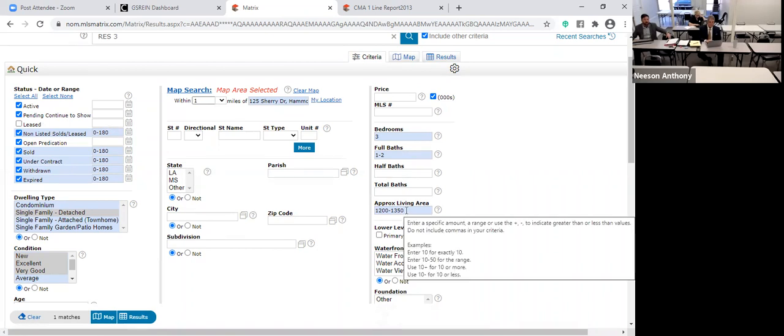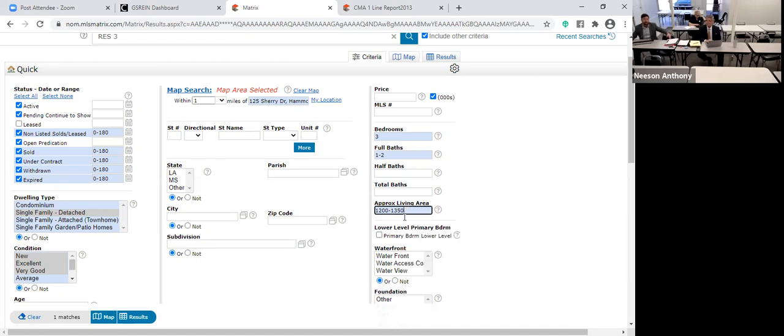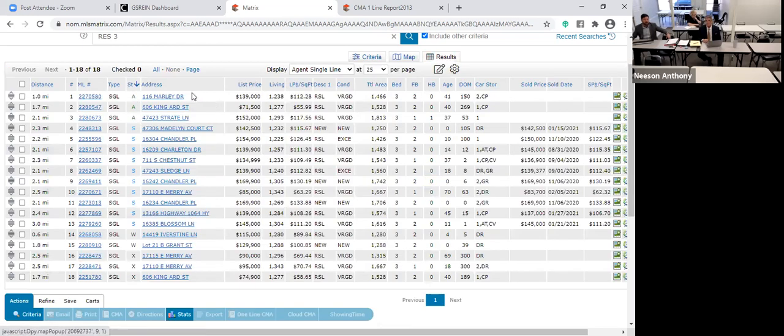So if I wanted to get very specific, and I don't know off the top of my head what the living square footage is for 125 Sherry Drive, but let's say it's in this range. Well, now maybe I would have to start going further away to redo exactly what I just did. And now I start comparing all of these.